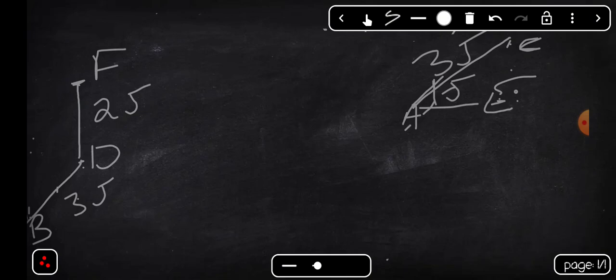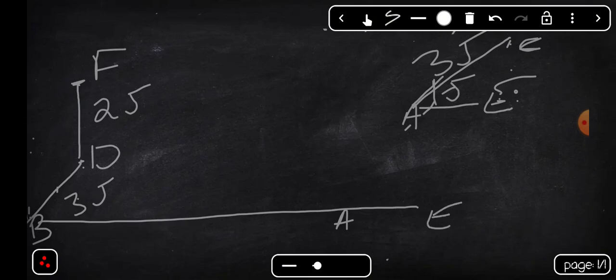Now, B, A, and E are in a straight line. Okay, these are in the same line.